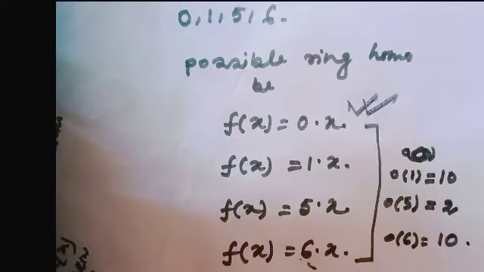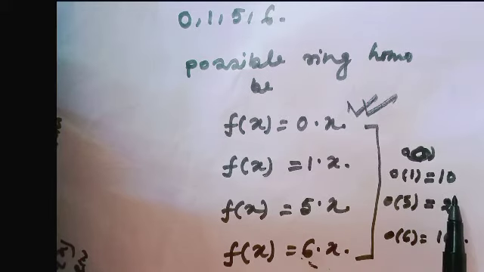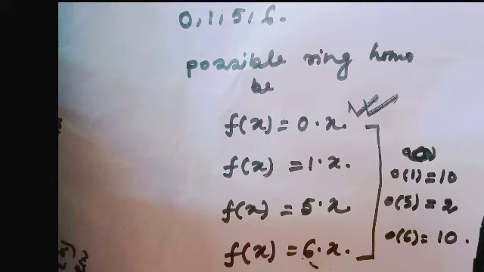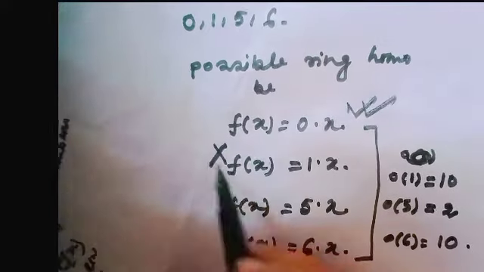Well, let's check how many ring homomorphisms exist here. Notice, this is just the trivial homomorphism. So, this is always possible. And for the other, the order of 1 equal to 10. But in Z5, there exists no element of order 10. So, this ring homomorphism is not possible.